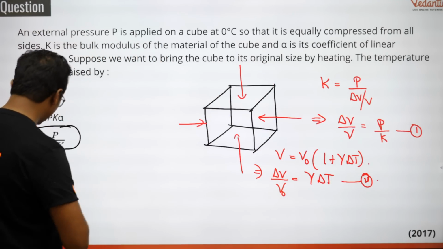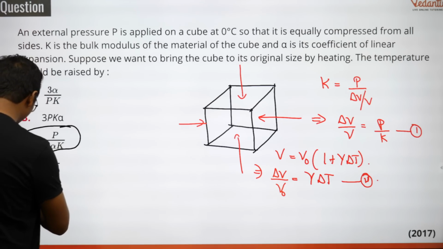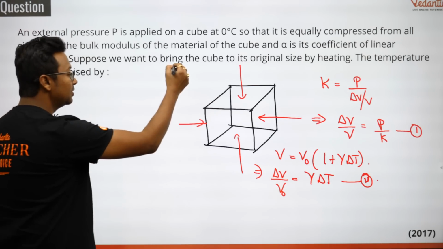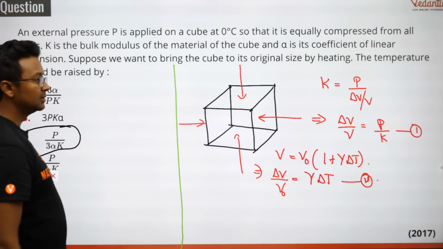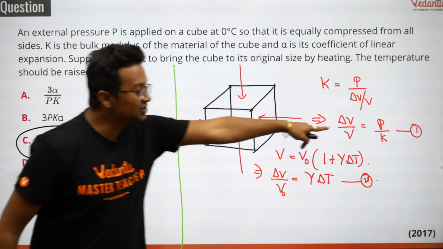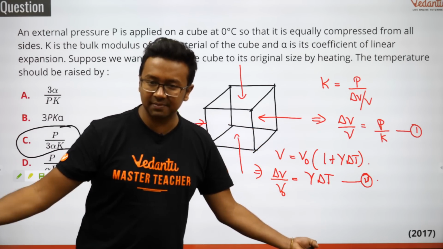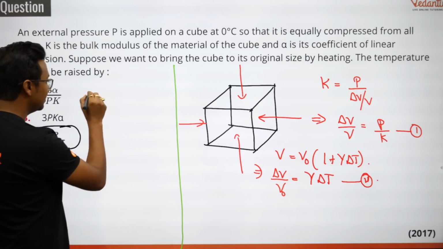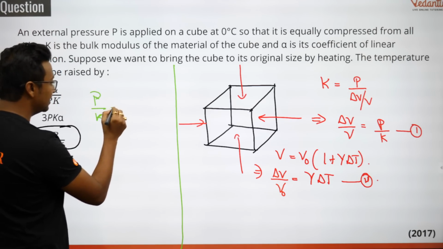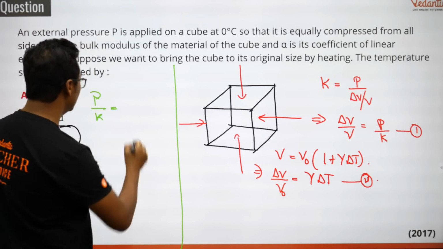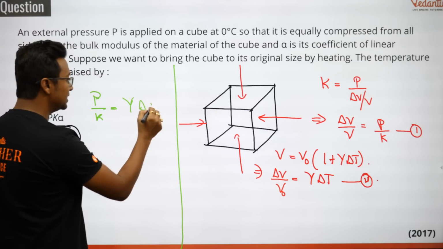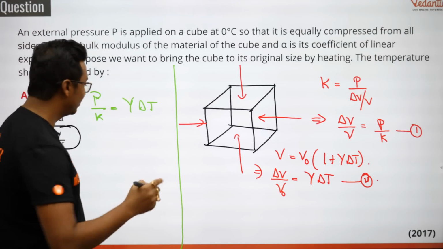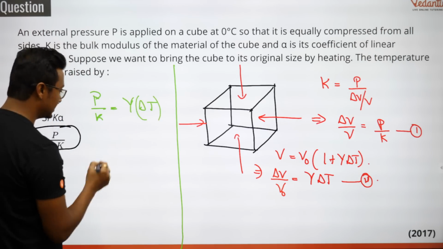Alright, now let me draw a line here, and then I can just equate equation 1 to equation 2. I'll get my answer. Very simple. So what I get, P divided by K is equal to gamma delta T. They have asked us for this.